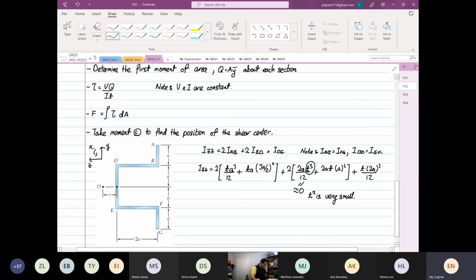T cube is very small, so you can drop this term over here because it is very small. So this will become TA cube.